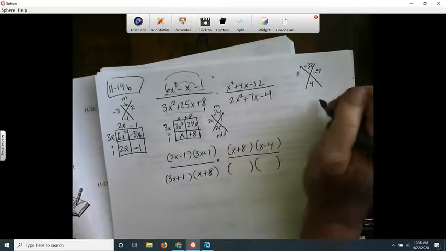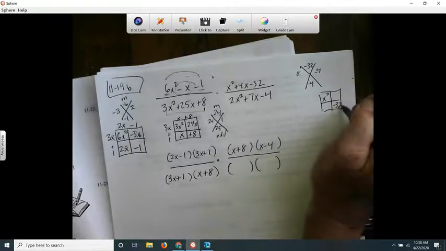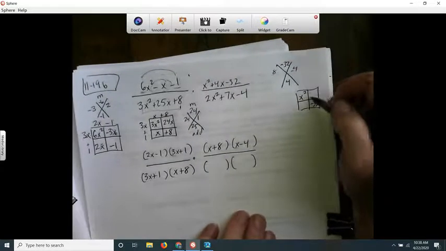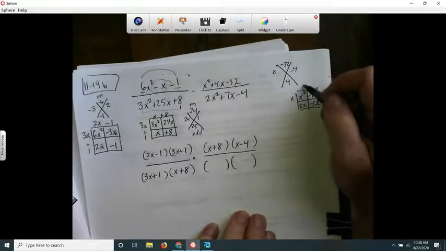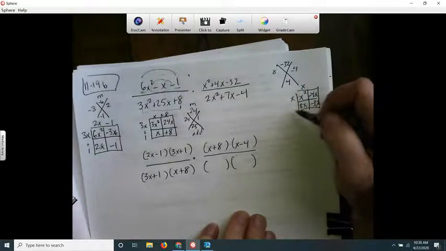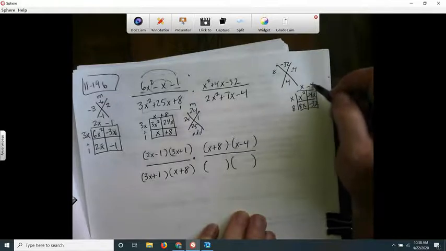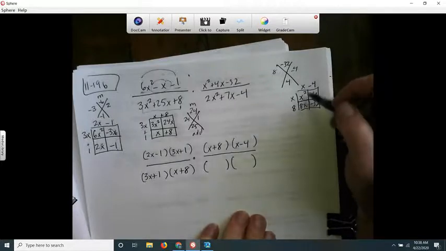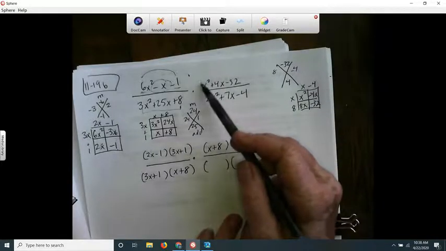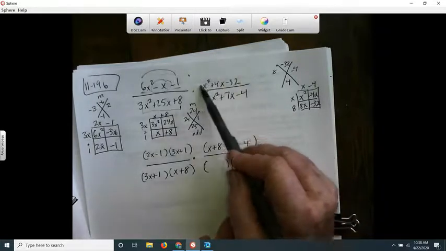Let's check in the box just to make sure. Yep. See how it is? So you can use the box if you want, but because I didn't have the coefficient on the x squared, I can just kind of cheat a little bit. So a lot of people just do those in their head.